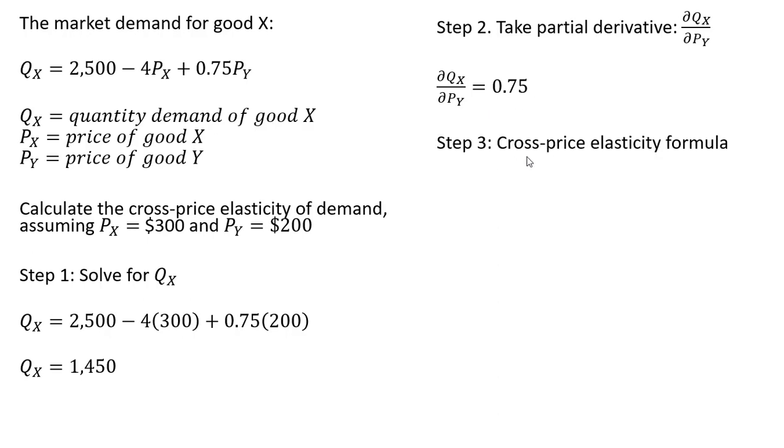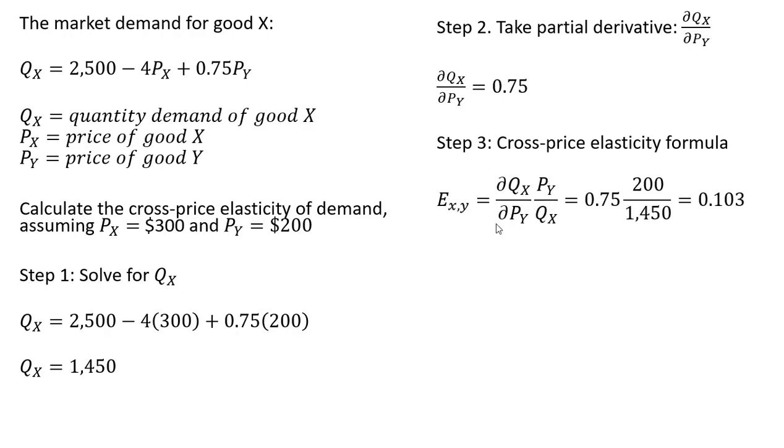Step three is we're going to put together the cross-price elasticity formula. And this is the formula right here. We need three things. We got one of those already. We got the partial derivative, which is 0.75. The next thing we need is the price of good Y. That's given to us as 200. And the third thing we need is the quantity demanded of good X, which we solved in step one.